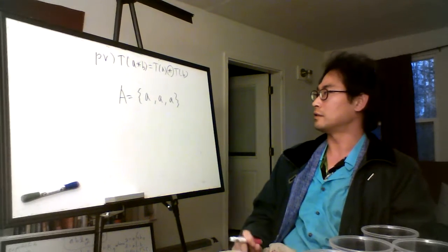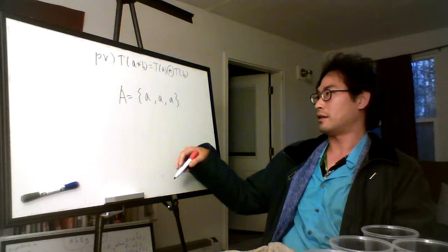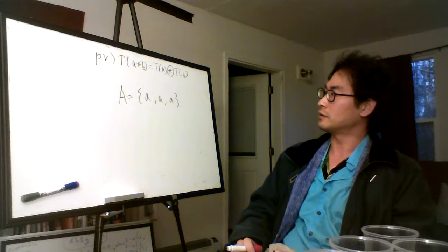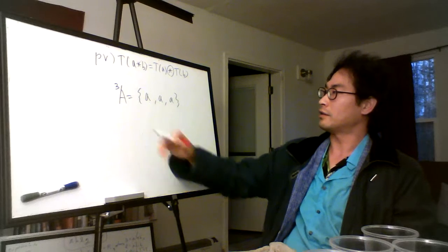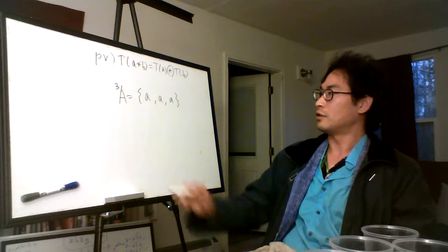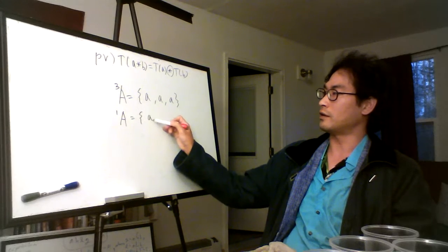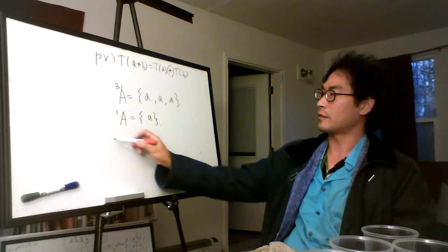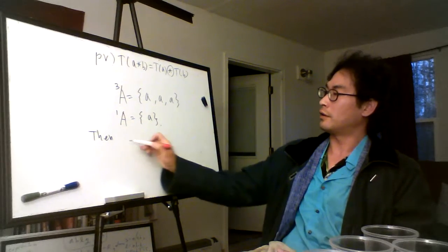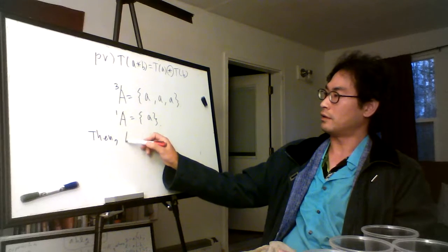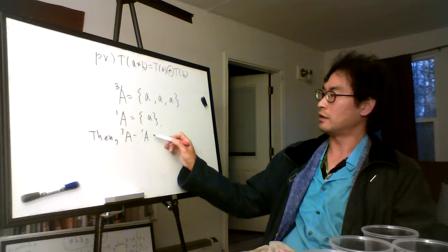So this multi-set we call 3a. Now, you have 1a that consists of just one a. Then 3a minus 1a is equal to what?